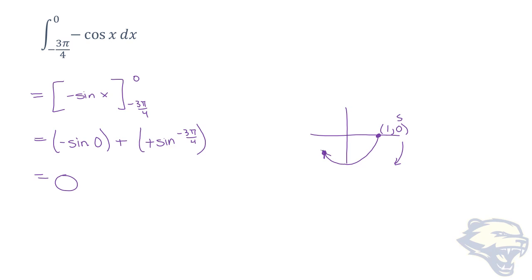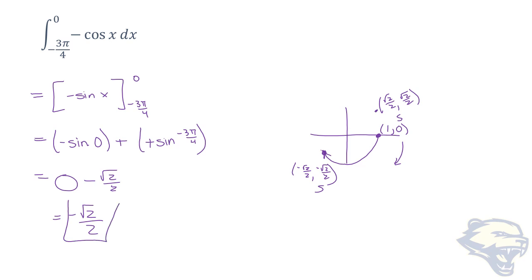Now if we think about regular pi over 4 up here, where we are at root 2 over 2, root 2 over 2, then down here in quadrant 3, everything is negative, and so the sine of negative 3 pi over 4 is going to be negative root 2 over 2. And since it's 0 plus that negative, that's the answer. It's just negative root 2 over 2. Again, if you are in radian mode with your multi-view, you're welcome to do that.